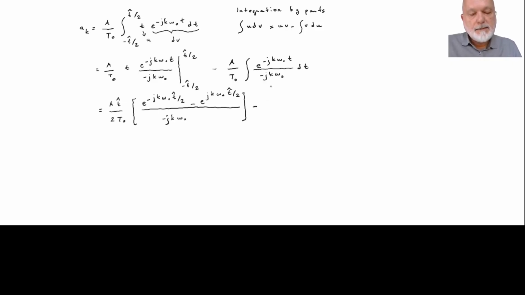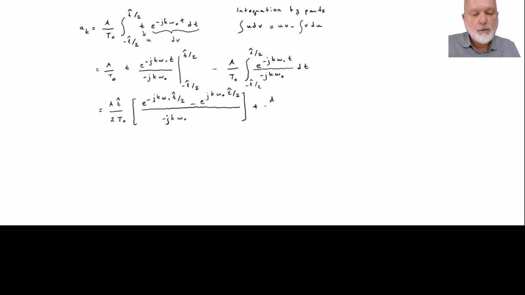Minus, okay, let us look at the second term. Now, this integral is from minus t cap over 2 to t cap over 2. We can take the constant term jk omega 0 with a minus sign outside the integral.